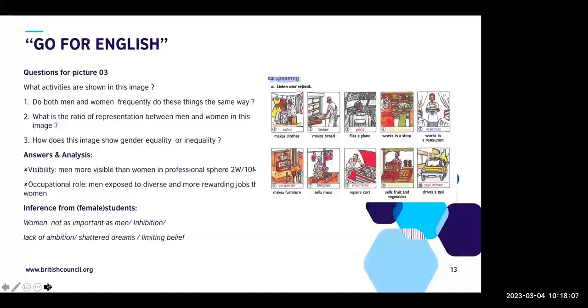What conclusion can be drawn from this is that the student can say that women are not as important as men, and this can lead to inhibition or a lack of ambition. Even if they had a dream, a secret dream, this can be shattered, okay? This can be blighted, okay? So all these are limiting beliefs that can be corrected in the textbook as far as we understand.